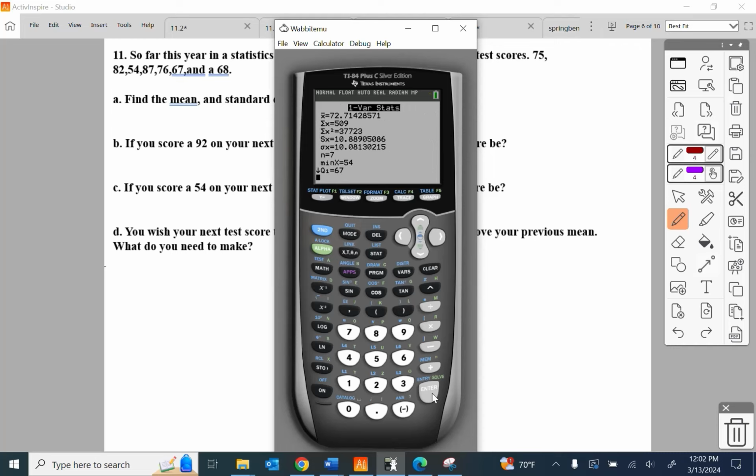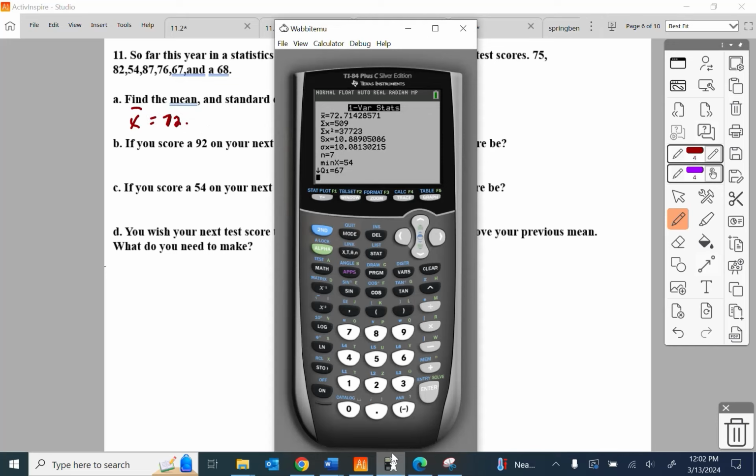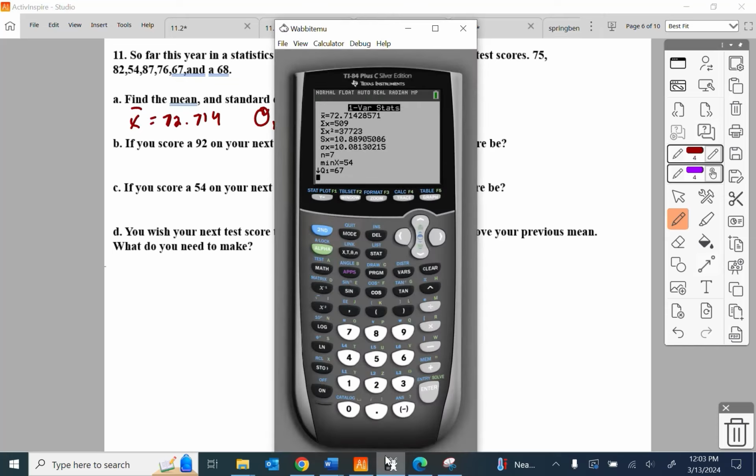So the average is going to be 72.714. Standard deviation, sigma of x, is 10.081.